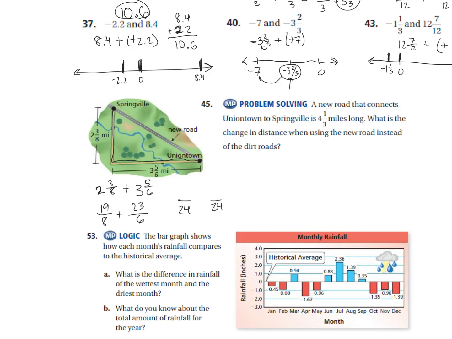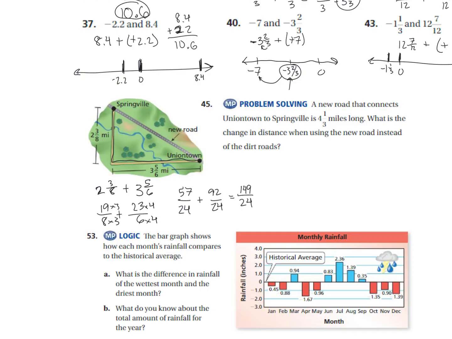And then I get, let's see, so this would be times by 3. 19 times 3 is 57. 6 times 4, so 23 times 4 would end up being 92. Adding together there, we get 149 over 24. That is the total distance of the old route.